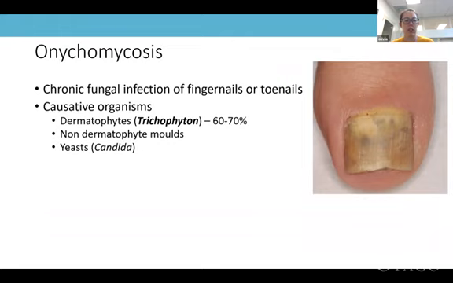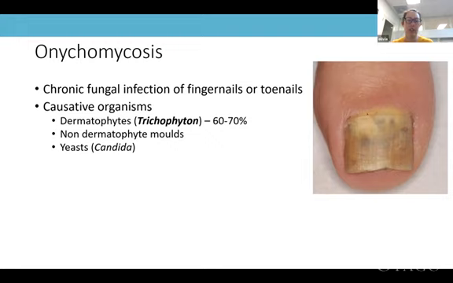Bugs that cause it, dermatophytes are the most common, and again, Trichophyton is the more common one. So about two thirds to three quarters would be caused by dermatophyte. But you can get non-dermatophyte molds, things like fusarium, that can cause onychomycosis.